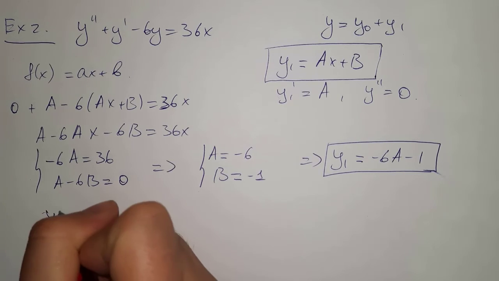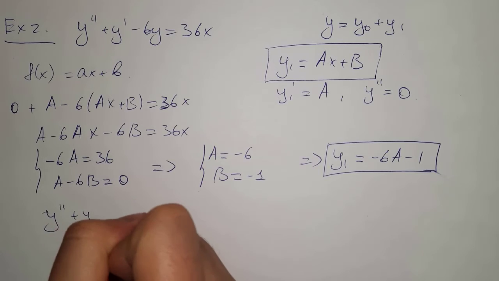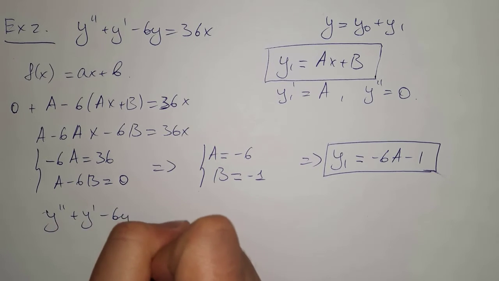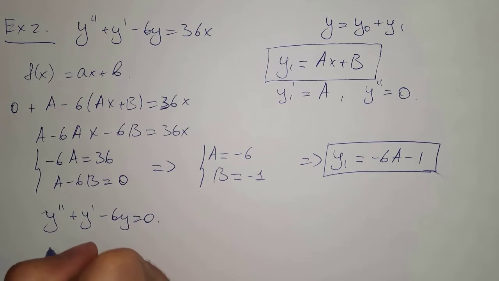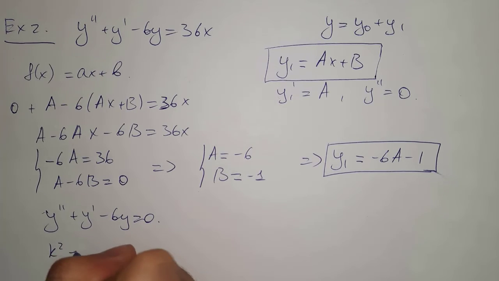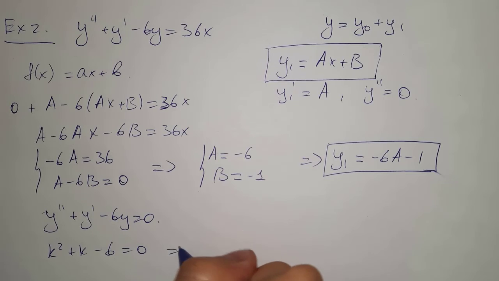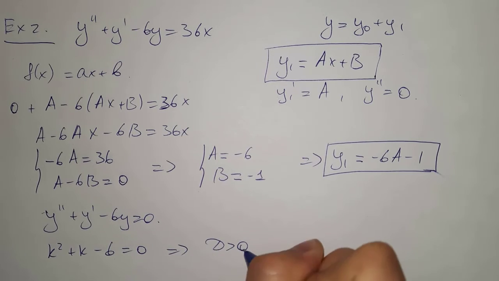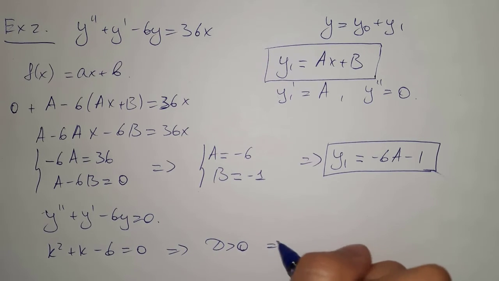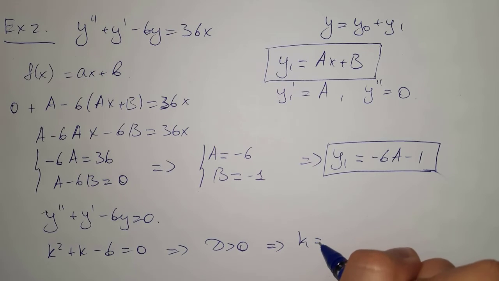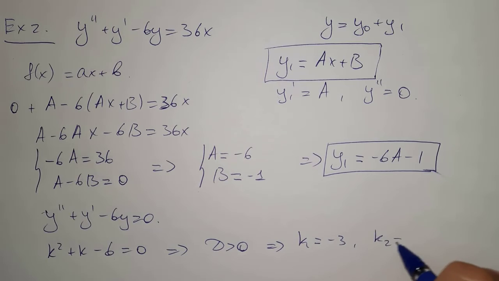The homogeneous equation has the form y double prime plus y prime minus 6y is 0, and the characteristic equation will be k squared plus k minus 6 is 0. The discriminant is greater than 0, and the roots are k1 is minus 3 and k2 is 2.